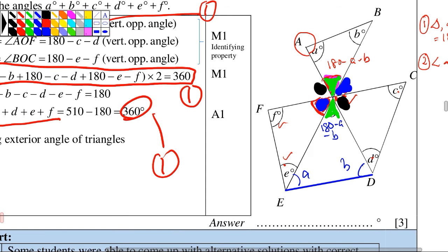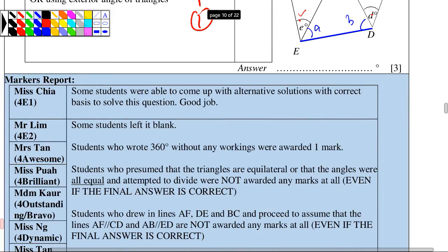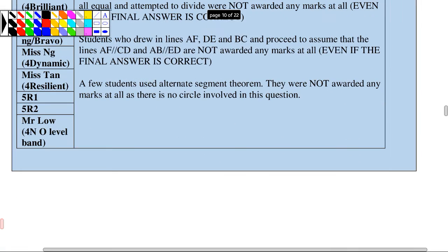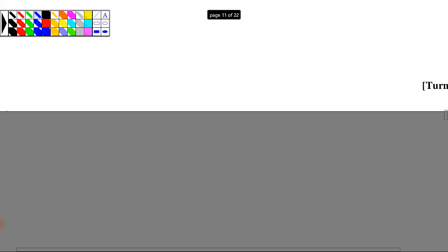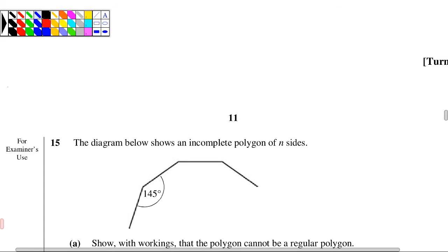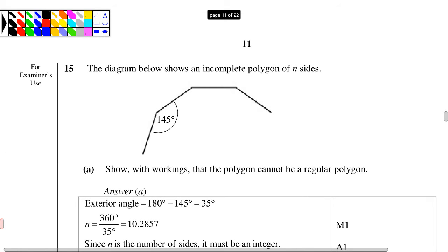Then you take a look at trapezium. 360 minus this, minus this, minus this, minus this, minus this, minus this, equal 360. No. This plus this plus this plus this plus this plus this equal 360. That is legit.